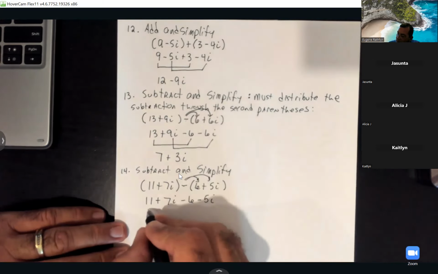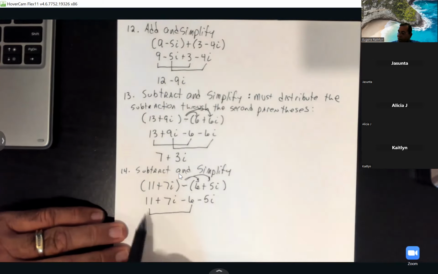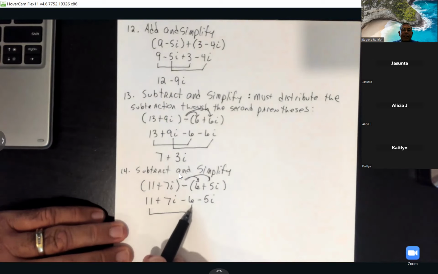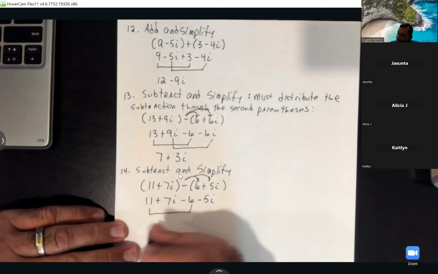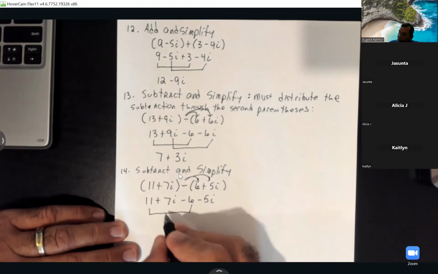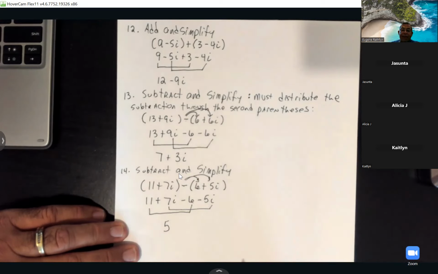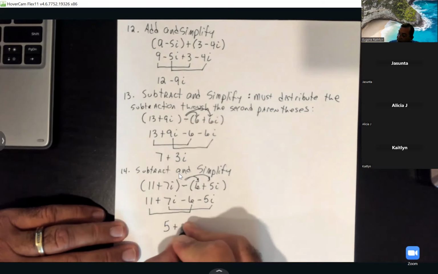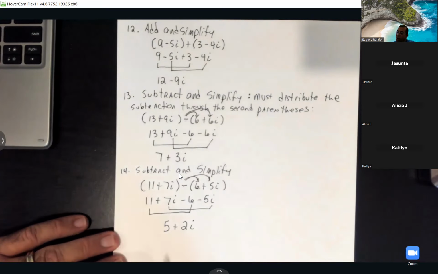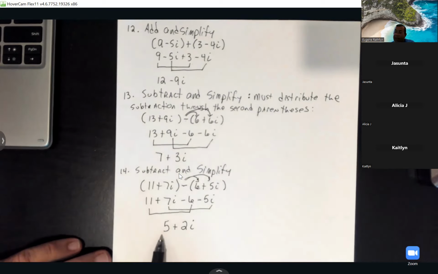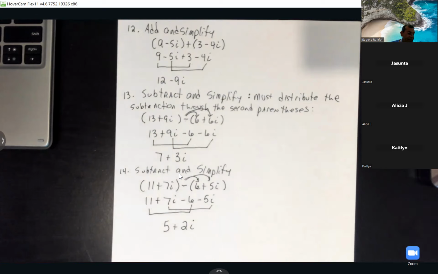So y'all, let's see, our real numbers are 11 and a negative 6, which will give us a positive 5. And then I got the positive 7i and a negative 5i, which will give me a positive 2i. So notice when you add these complex numbers, you get complex number answers usually, okay?